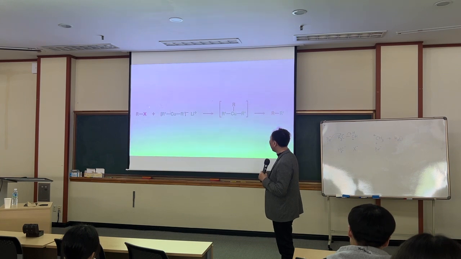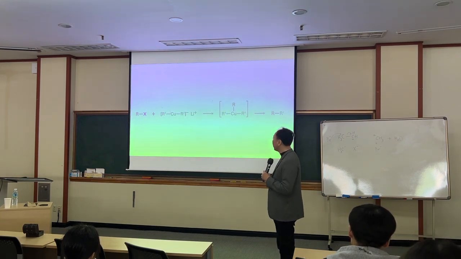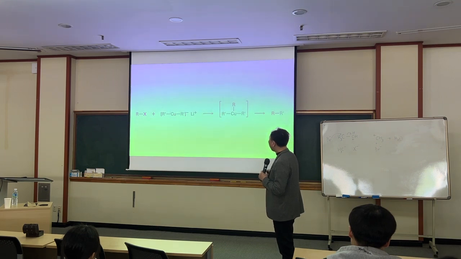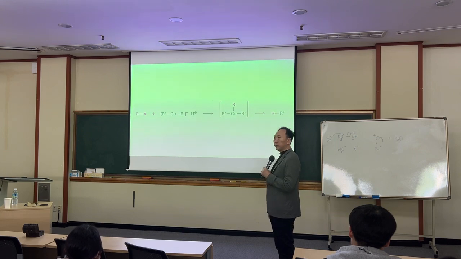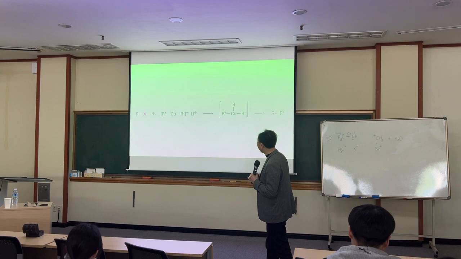Product is this attack here, and then product is this one. But in the intermediate, in the center there is a heavy atom, and this is added first to the metal, and then they make coupling like this. So this is also similar in a sense. Metal is inserted in between here.